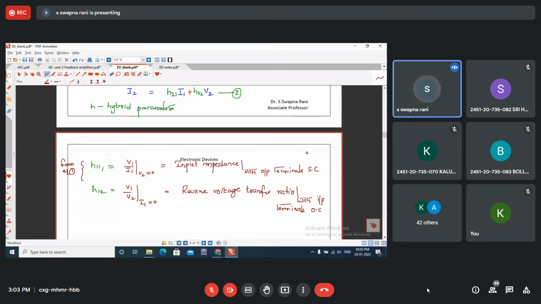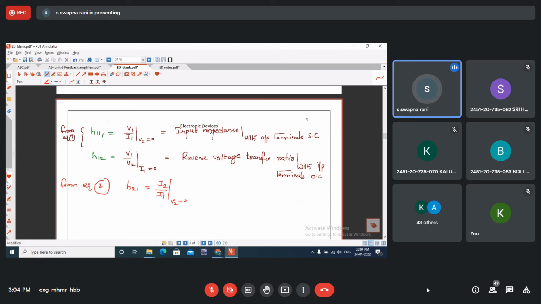Now, from equation 2, H21 can be written as I2 by I1 with V2 equal to 0. What do we call H21?